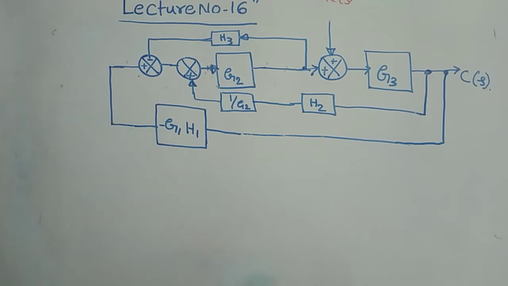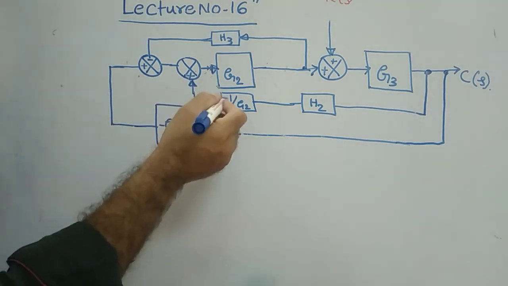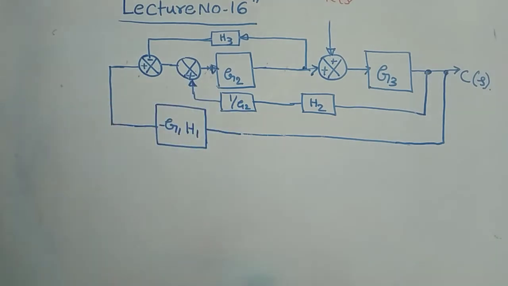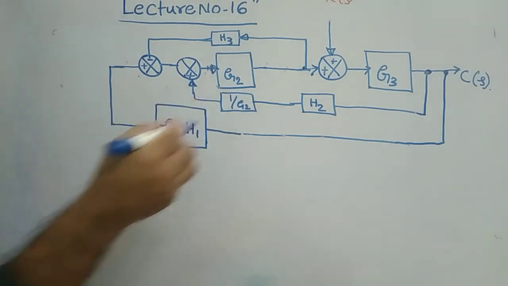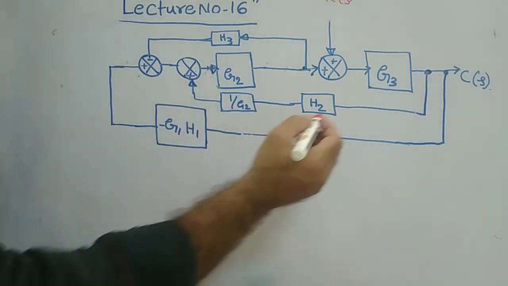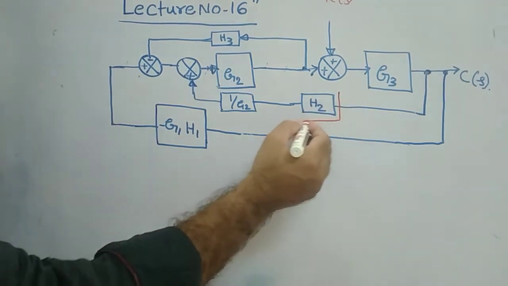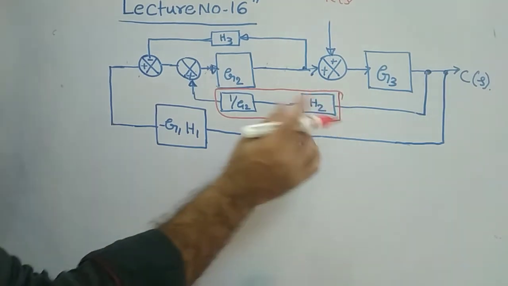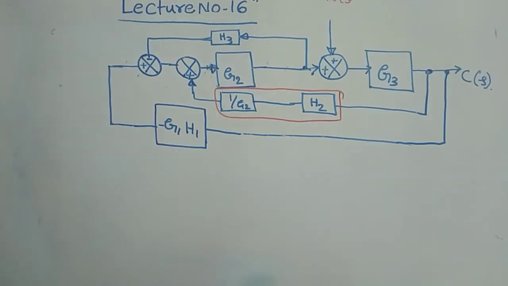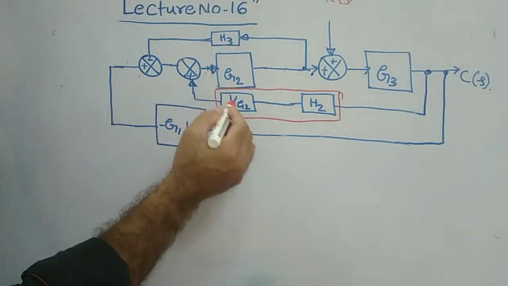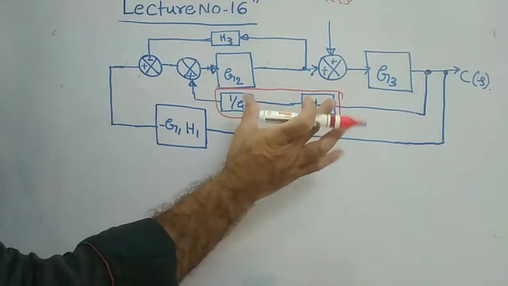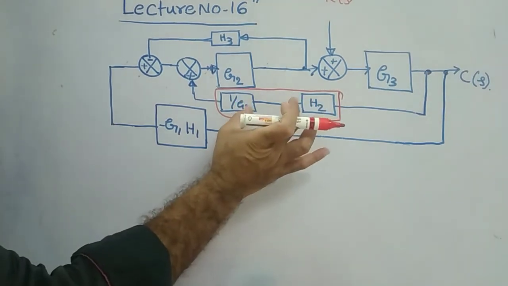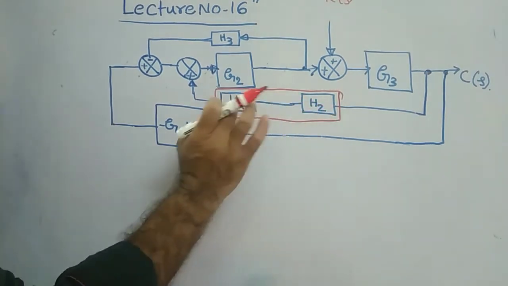Then this much gain will be added in that path. Again, if you see here, both your H2 and this 1 by G2 will be in series, meaning both will be multiplied with each other, that is 1 by G2 into H2. Then the total equivalent block will be H2 by G2.